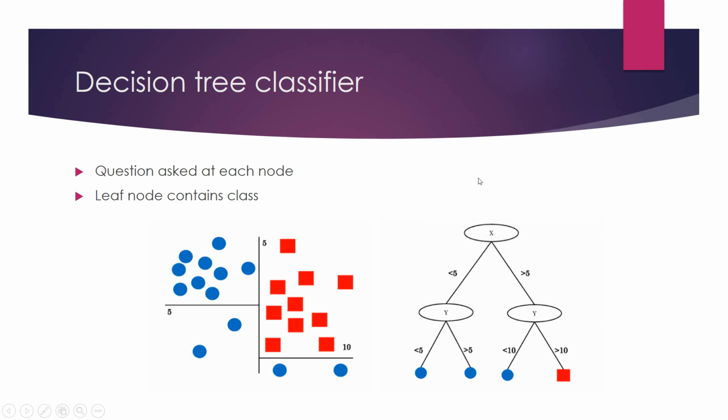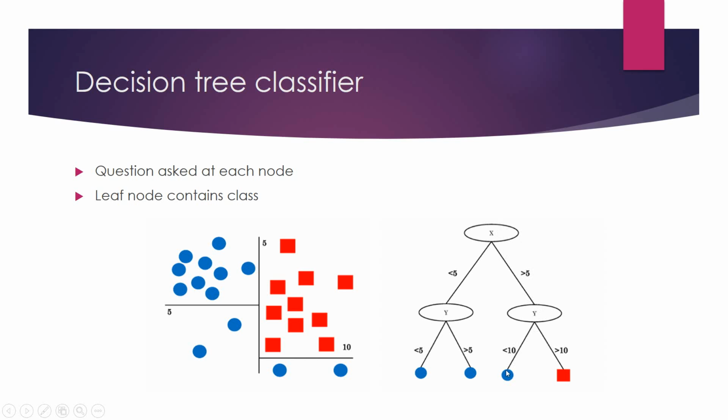If the x comma y values are 6 and 7, at the root node you check whether x is greater than 5. 6 is greater than 5, so it goes to the right, and then the y value, which is 7, is less than 10, so it goes to the left.